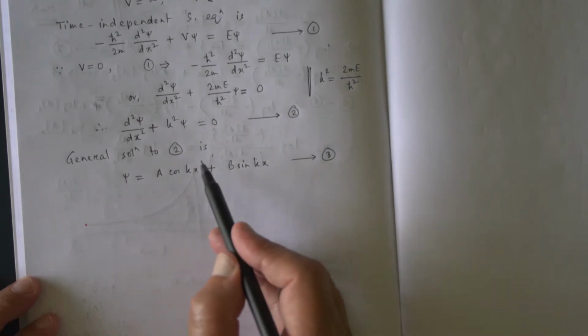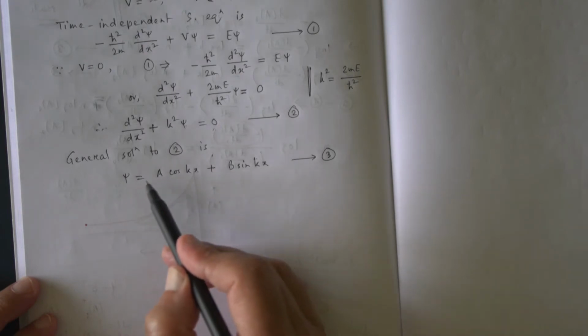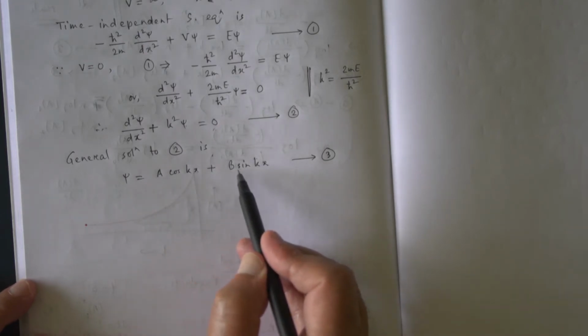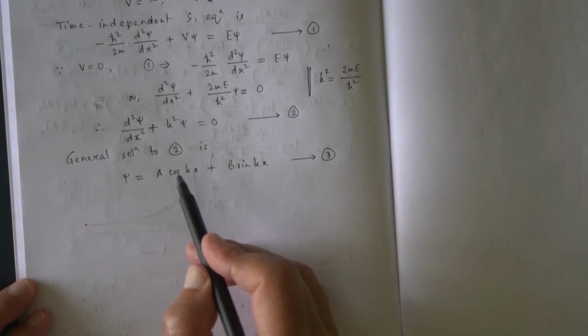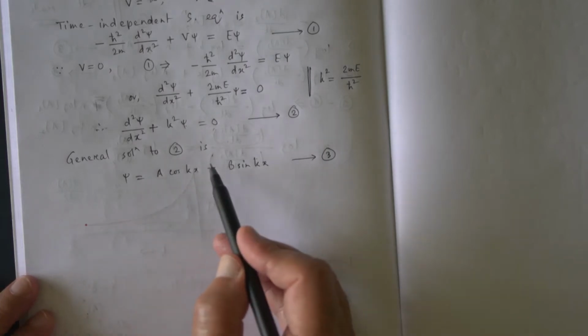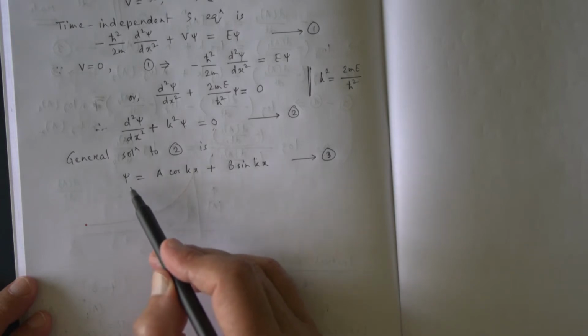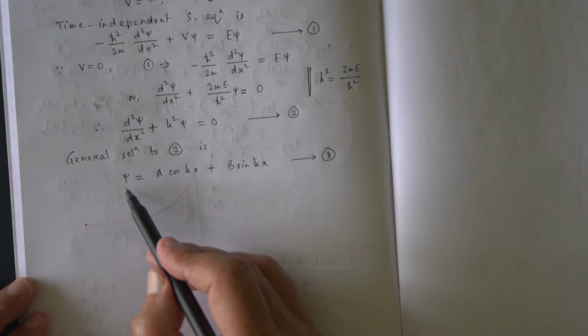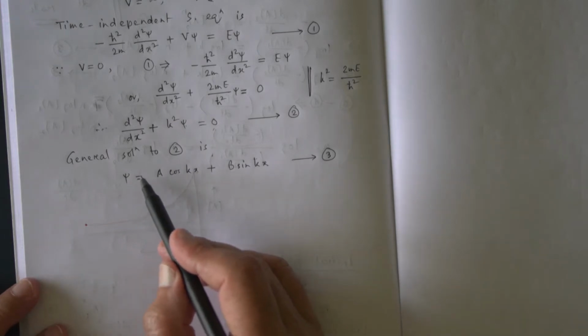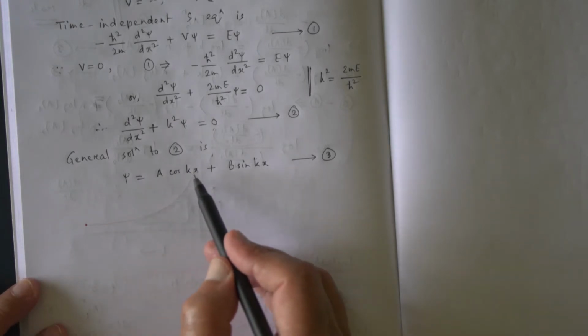But all those values of psi may not be significant. So we have to find out those values of psi which are significant. Okay. Now, how to find out the significant, the meaningful values of psi?